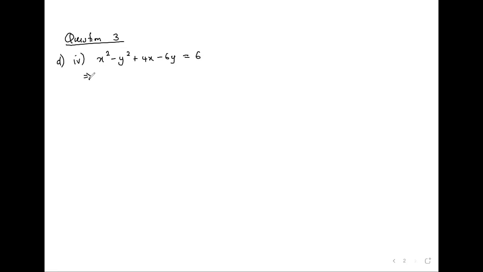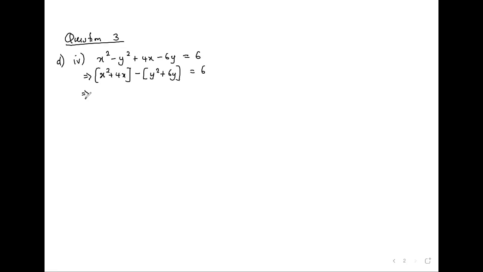Here, you first complete the square for each variable. So x squared plus 4x we put together here, minus y squared plus 6y, is equal to 6.